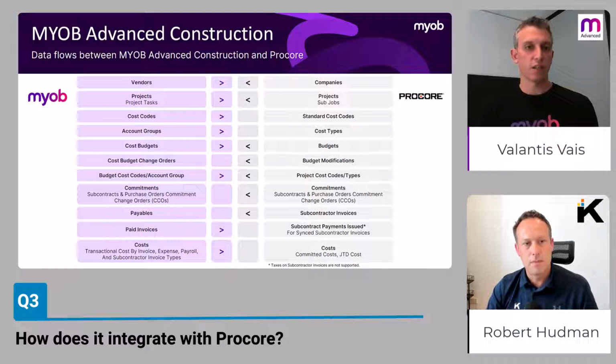In regards to the specific components, budgets, schedules, commitments, even subcontractor invoices flow through from Procore to MYOB Advanced. One of the main workflows that we love to talk about is that it's really easy to ensure that your subbies are getting paid. One of the main pain points we really experience is where the project manager on site has received the invoice from the subbie and submitted it to the back office.